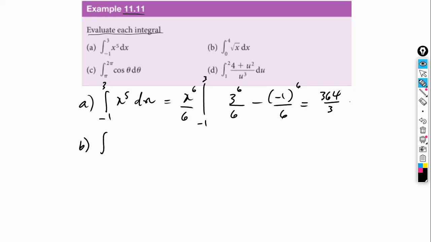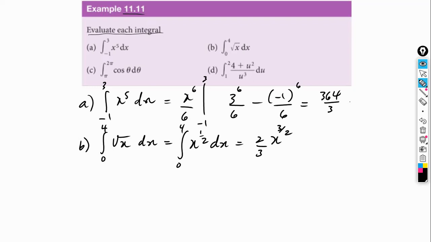For b, same thing. It's a definite integral from 0 to 4 of the square root of x dx. Remember that we can rewrite this as the integration from 0 to 4 of x to the 1/2 dx. So we just have to apply the power rule, and if we do that, we're going to get 2/3 x to the power of 3/2.